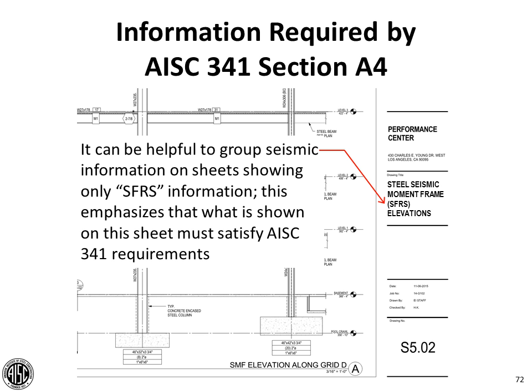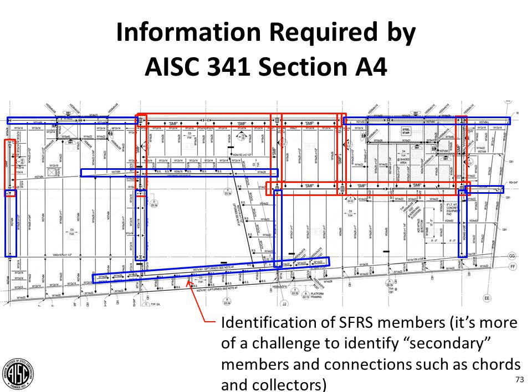I mentioned earlier that it can be helpful to group this information on these seismic force resisting sheets, and usually we and other engineers specifically identify them using something like SFRS, and again in your general notes identify those as sheets that are referring to the seismic force resisting system. This drawing shows the basic seismic system in red, and then all the other elements that have been identified by the engineer of record as being part of the seismic force resisting system.